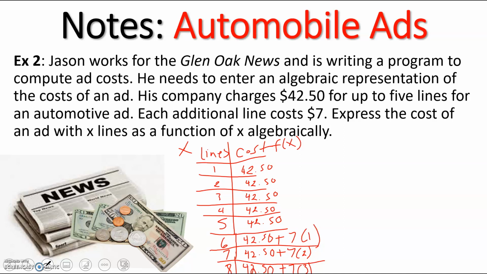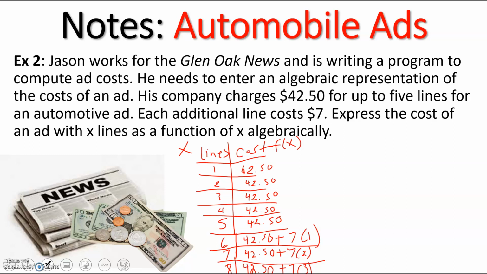So what is the relationship between the number of lines and, well, the number of sevens, right? So if we look at line 6, we see that there's a 6 and then a 1 7. And then in line 7, we have 7, and then we only have 2 sevens. And then line 8, we have 3 sevens being added on.